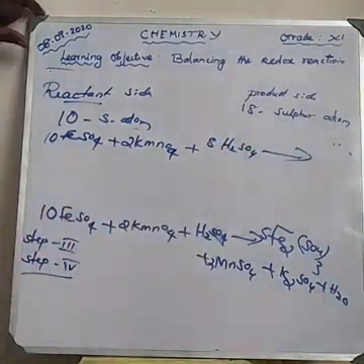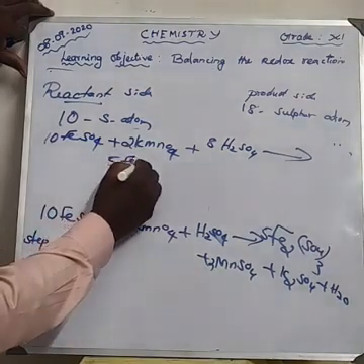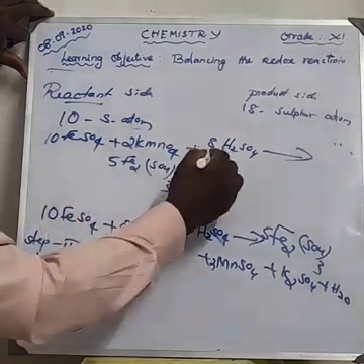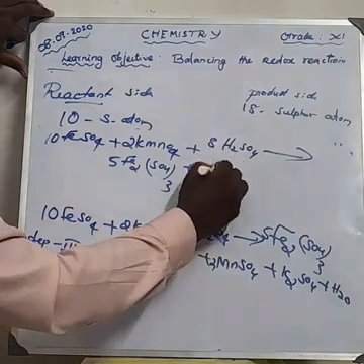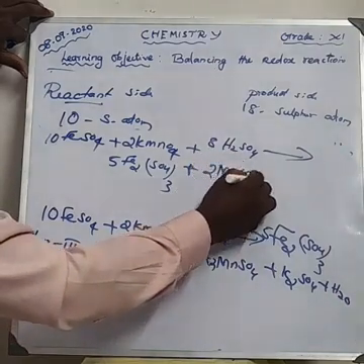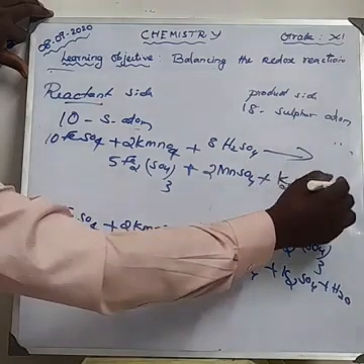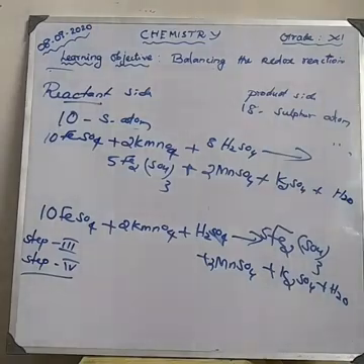Then what is the remaining product? 5 Fe2(SO4)3 plus 2 MnSO4 plus K2SO4 plus H2O. This is about the fourth step.